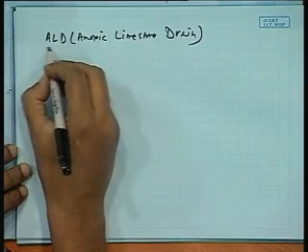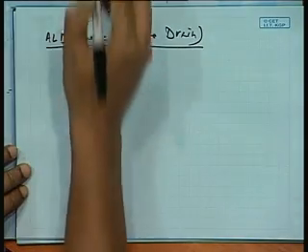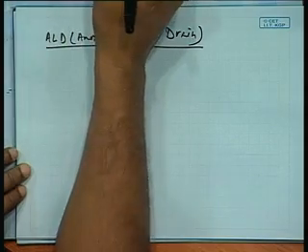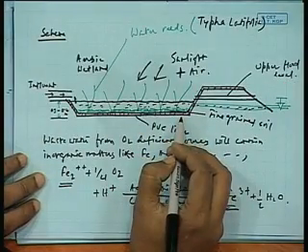Before the water is sent to the aerobic wetland, an anoxic limestone drain is kept before it.